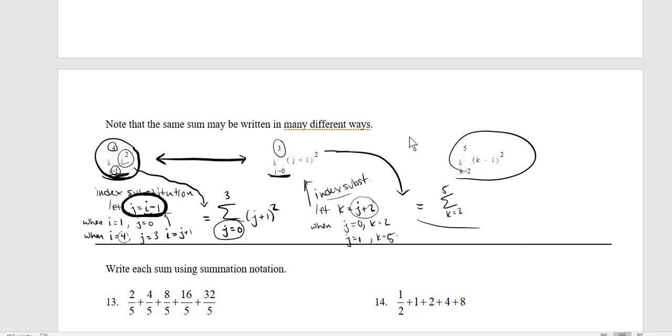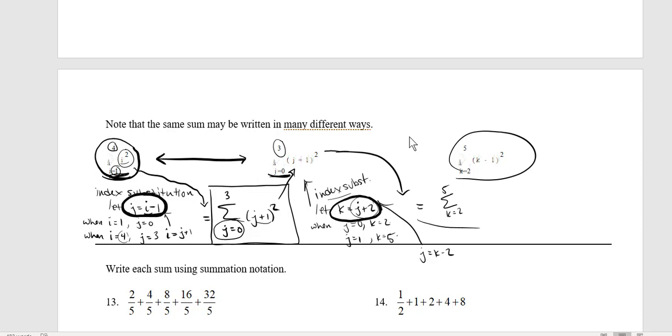Luckily I've got a copy because my document's acting strange. This is exactly the sum we have up here. We have j plus 1 squared. Well, we know j itself is k minus 2 according to this equation. So I'll plug in what j equals in terms of k.